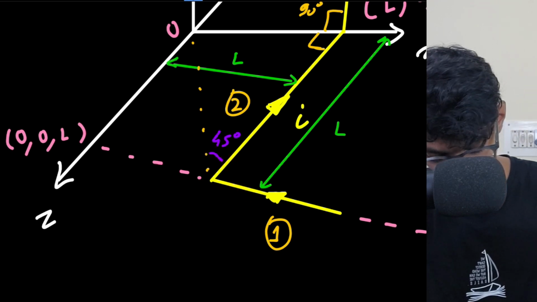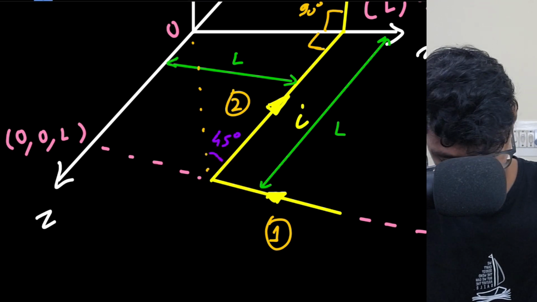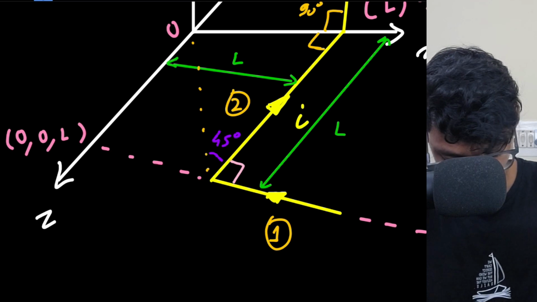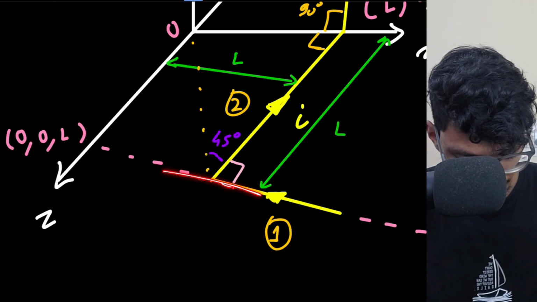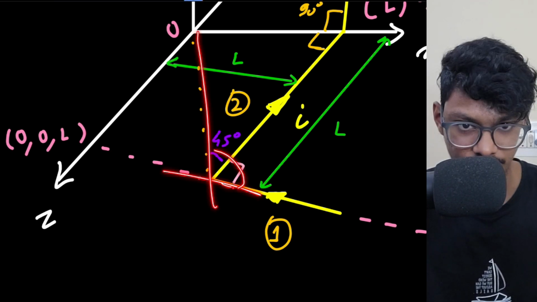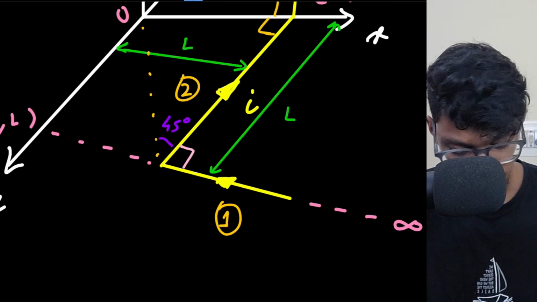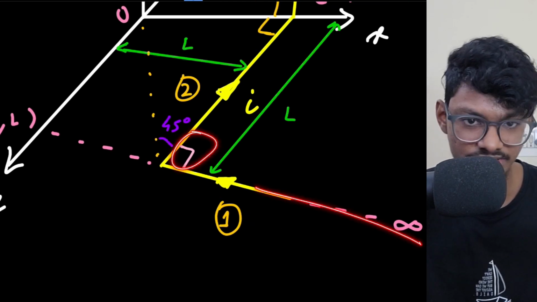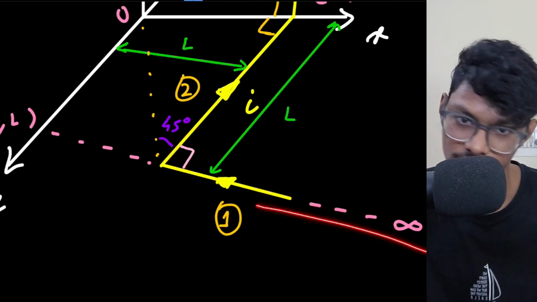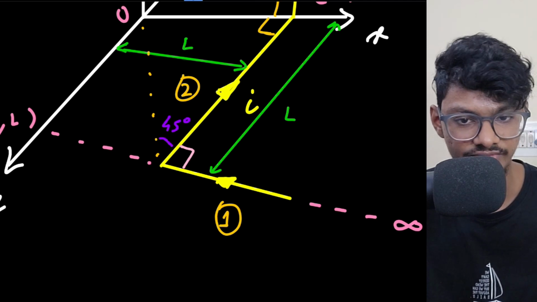Why? Because this is 90 and this is 90, and the overall angle from the line segment to the r vector is 135. So one angle, alpha, is 135, and the other angle is simply 0 because it is going towards infinity.